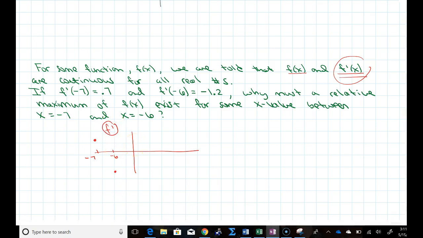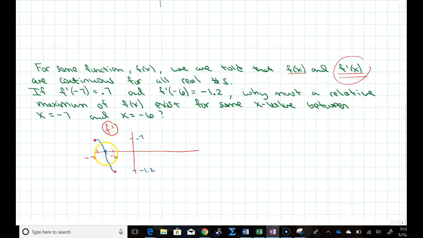Well, according to the IVT, if the function in question is continuous over the interval from negative 7 to negative 6, that means every y value must be accounted for at least once, every y value between negative 1.2 and 0.7. Therefore, f prime must equal 0 at some point between negative 7 and negative 6.